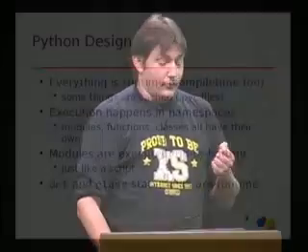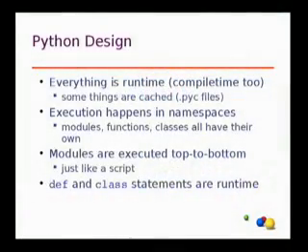Important in realizing how Python works is that everything is runtime. Even compile time is actually runtime. As you may know, there are cached files, PYC files, that are cached bytecode. That's basically borrowed runtime. Someone else's runtime that you can skip. Also important is that all execution happens in a namespace, and that namespace is actually a dict.